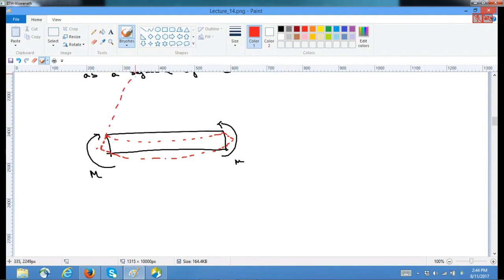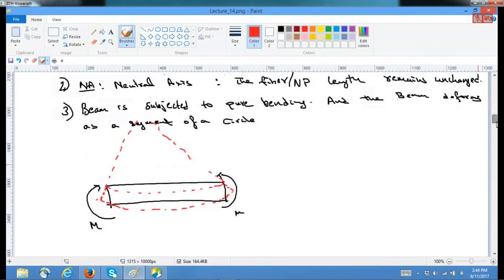So if we extend this like this, then this is the center of the circle, and this would be the radius r. Let us consider a neutral axis, and this neutral axis, even after the bending, remains the same in length, and runs through the center of the cross section. So this is the neutral axis before deformation. This is the neutral axis after the deformation.